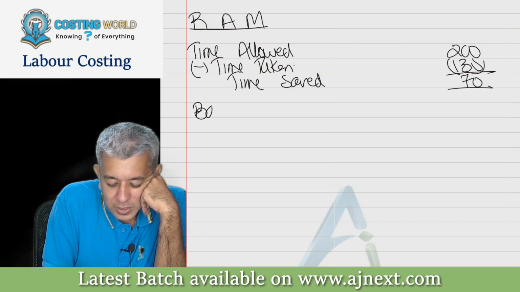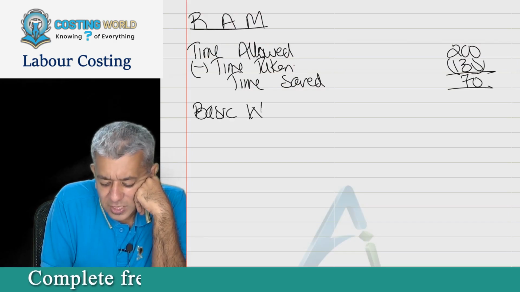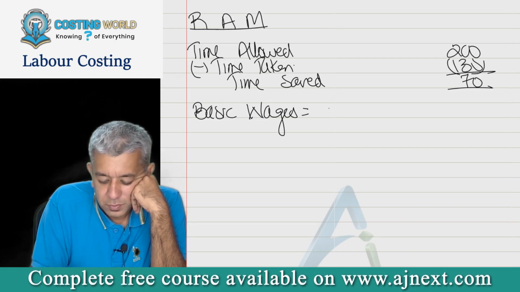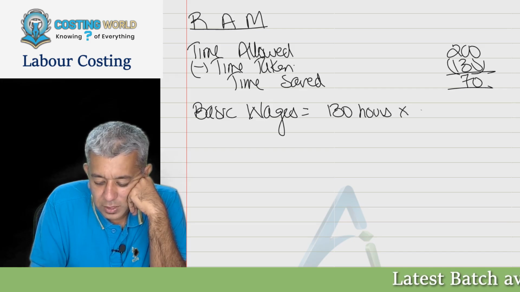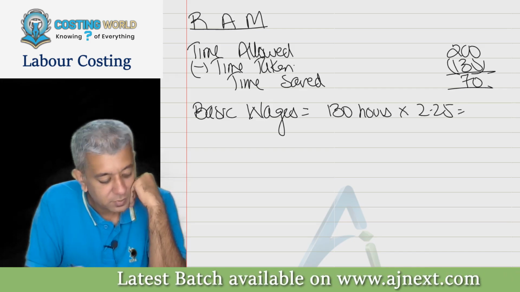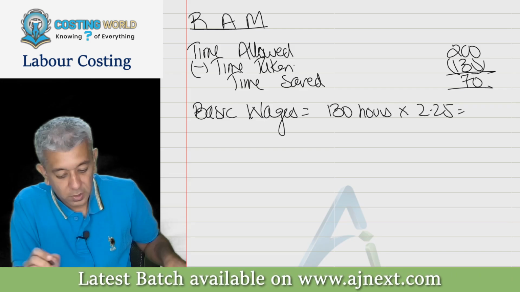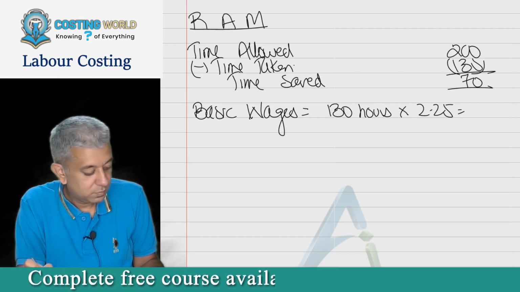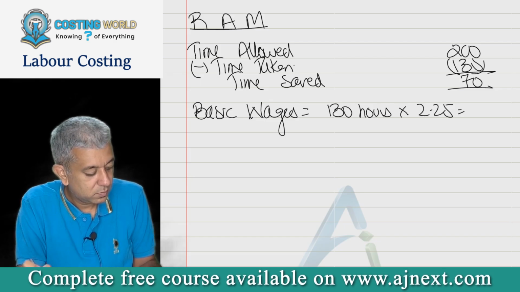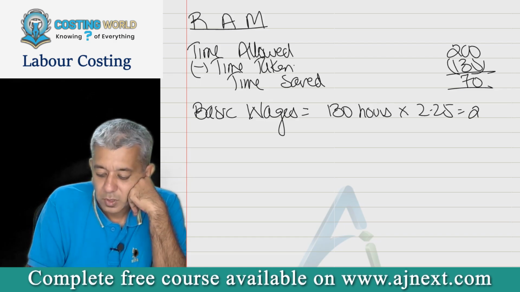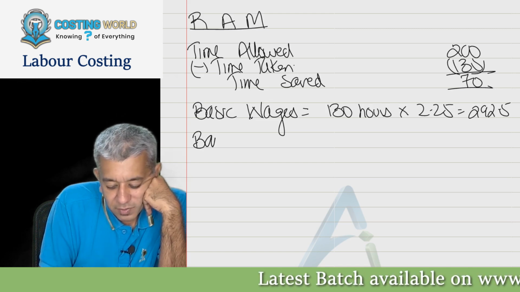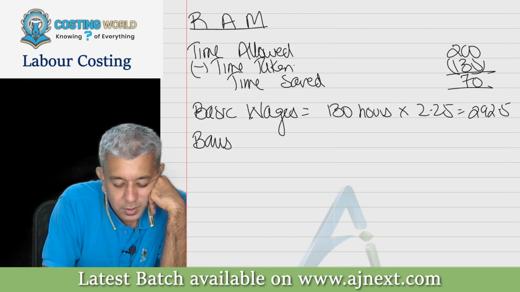So write down basic wages. Tell me, basic wages will be paid for how many hours? 130 hours. So 130 hours into 2.25. Take your calci. $292.5. But then they will be getting bonus also.